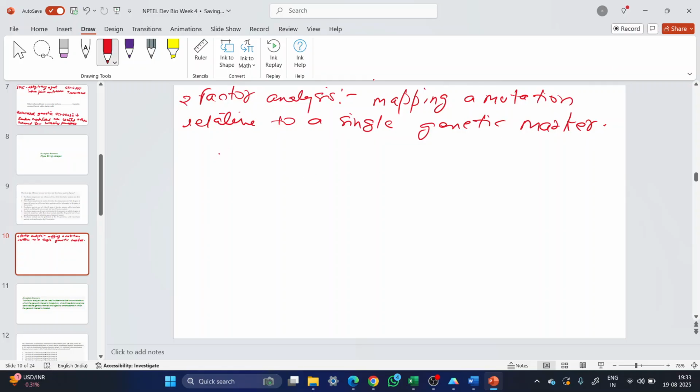So, by following the recombination frequencies between the unknown mutation and a reference mutation, we identify which chromosome the gene of interest lies on. Okay, this is your two-factor analysis.